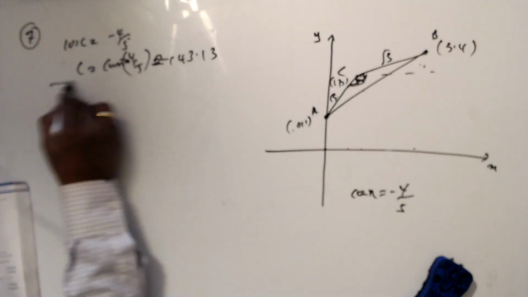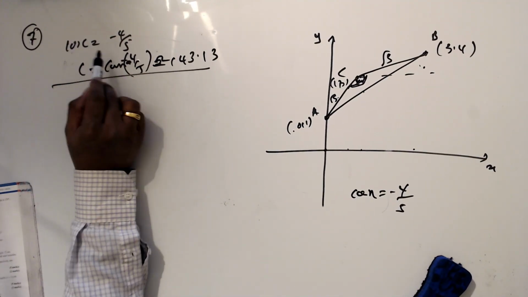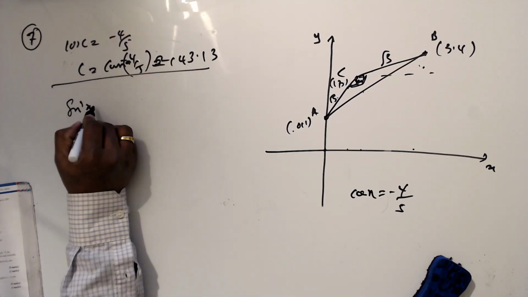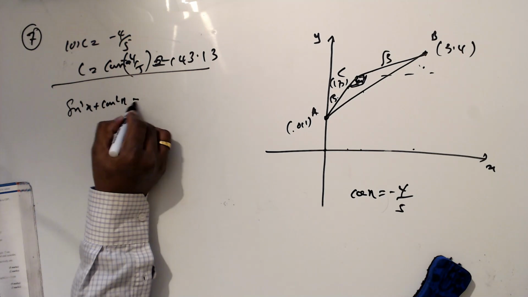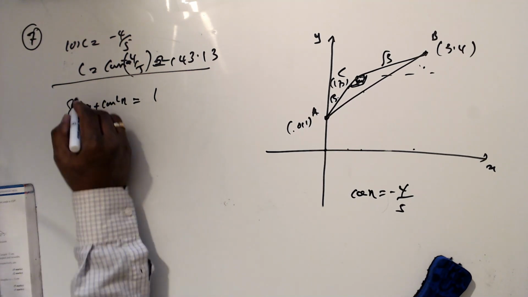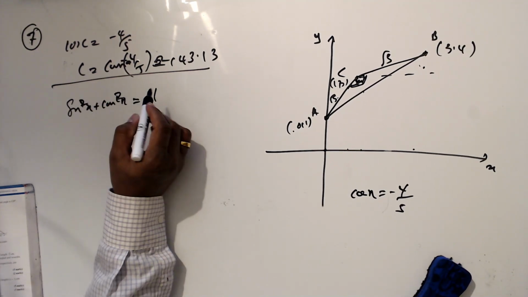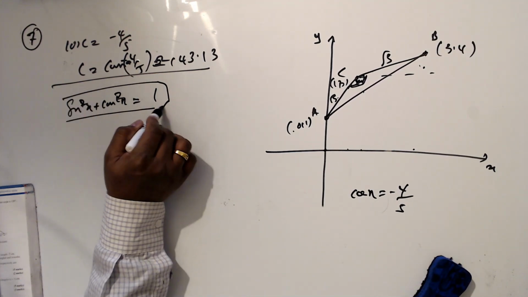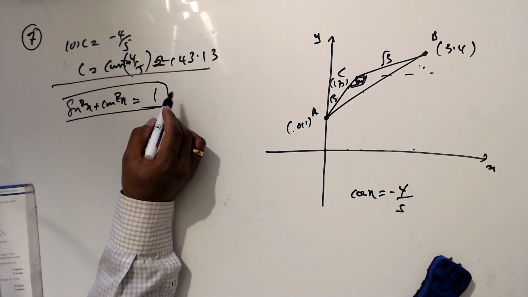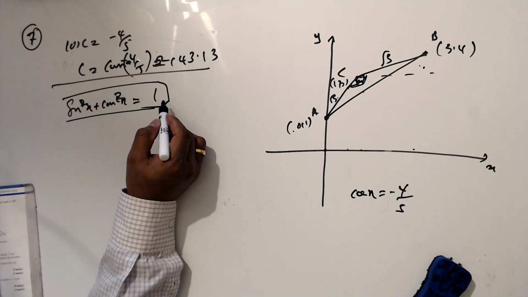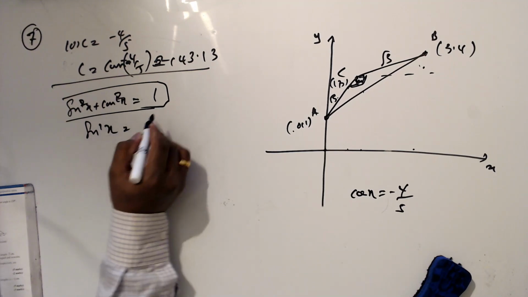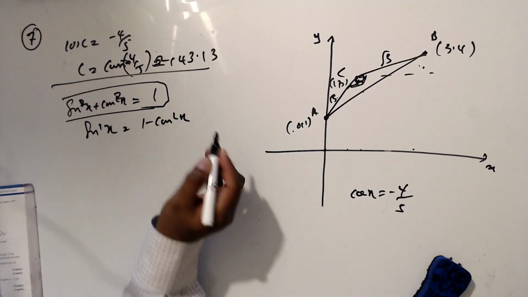Also, if you want, you can find it using the identity sine square x plus cos square x equal 1. We'll discuss this identity in a future lesson, but if you can remember this one, sine square x plus cos square x equal 1, then sine square x equal 1 minus cos square x.